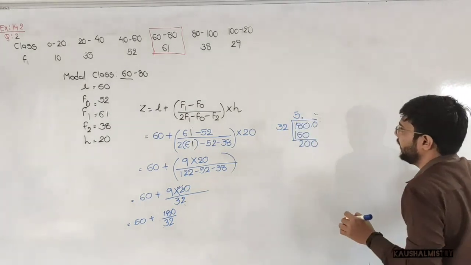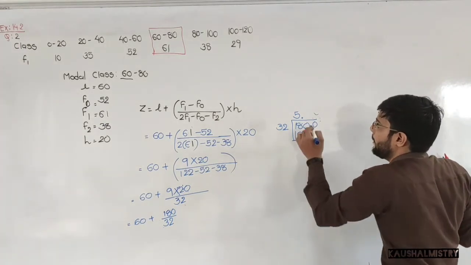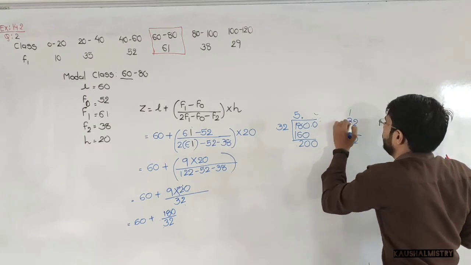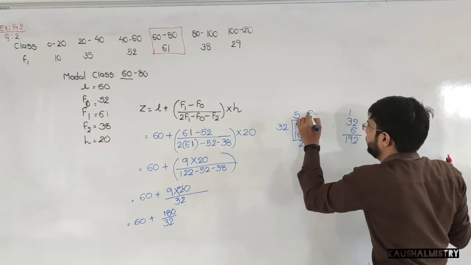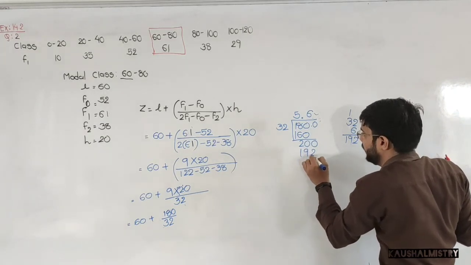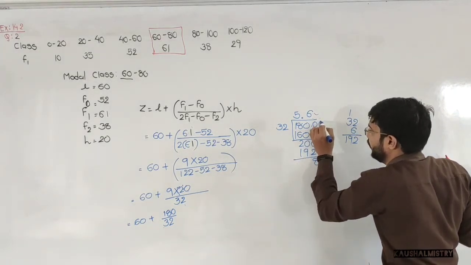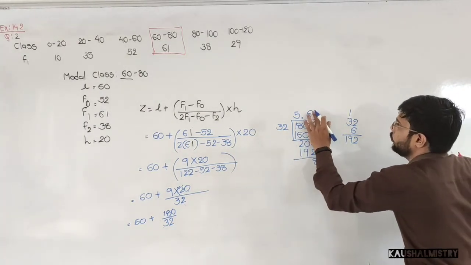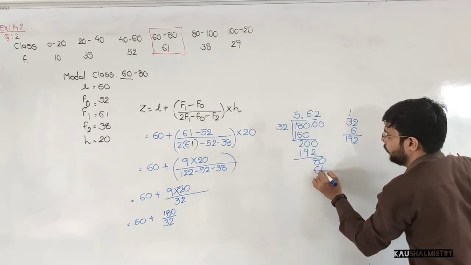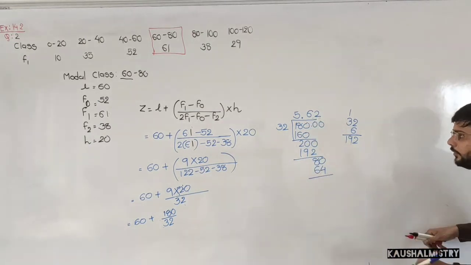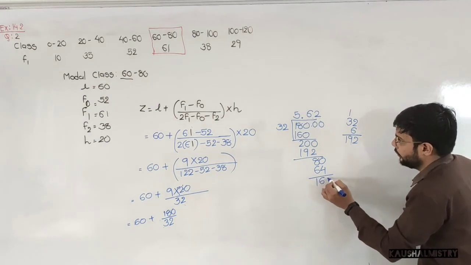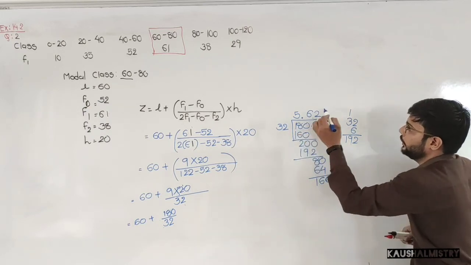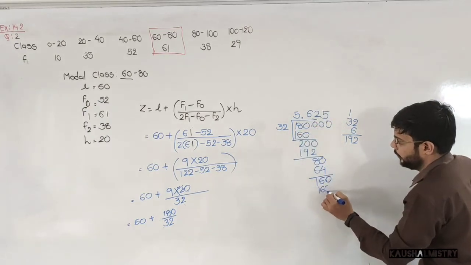Now 32 6s will be 192. So this will be 8. Again we will put 0. 32 2s are 64. 80 minus 64 will be 16. 16 again 0. So 32 5s are 160.